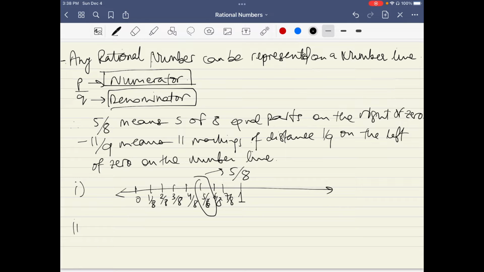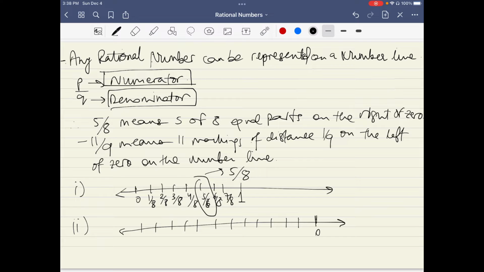And now let's look at the representation of -11/9. Again, it is to the left of 0. And 11 markings of distance 1/9. So 1, 2, 3, 4, 5, 6, 7, 8, 9, 10, 11, 12. This is just an extra marking I have there.